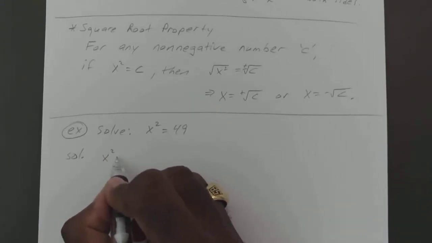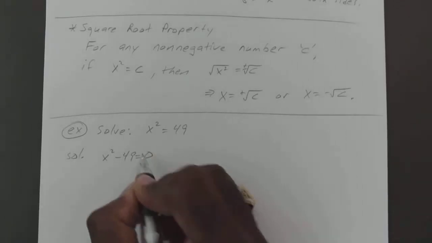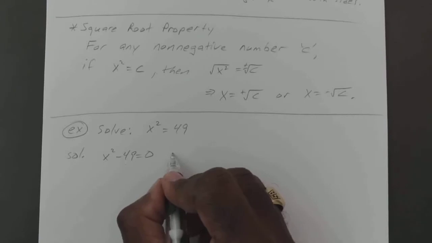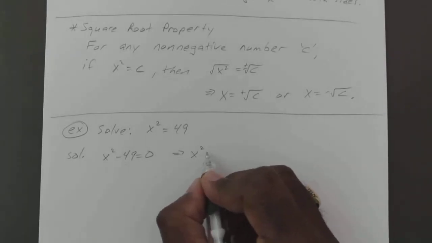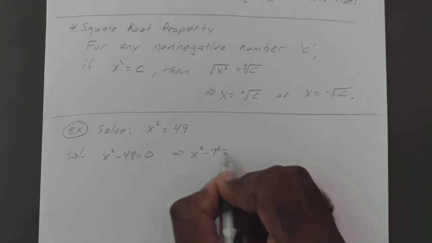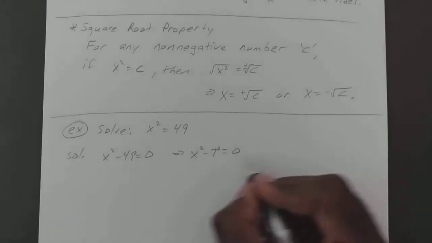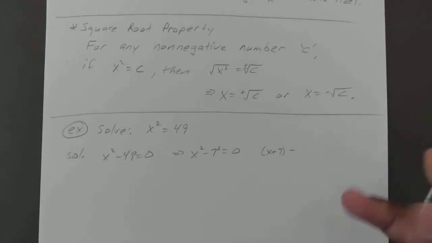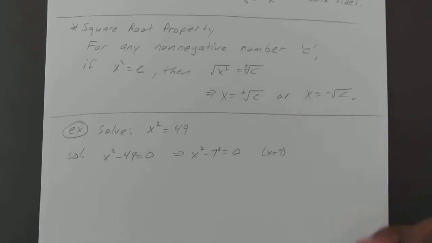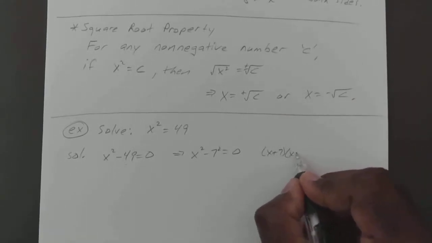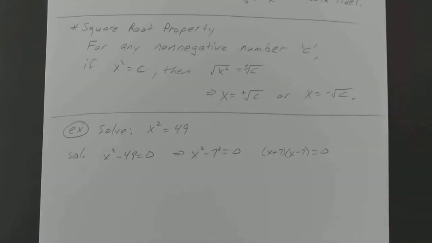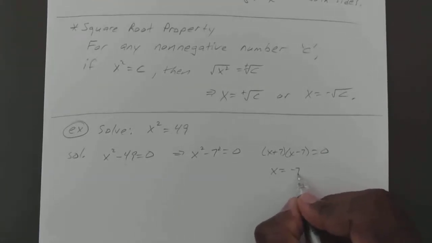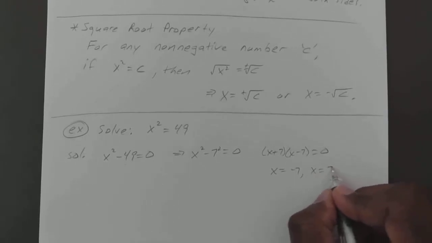That gives us x squared minus 49 equals 0, which is a difference of squares. So that would be x squared minus 7 squared equals 0. And for difference of squares, it's x plus 7 times x minus 7 equals 0. So if we solve both of those, it will be x equals negative 7 and x equals 7.